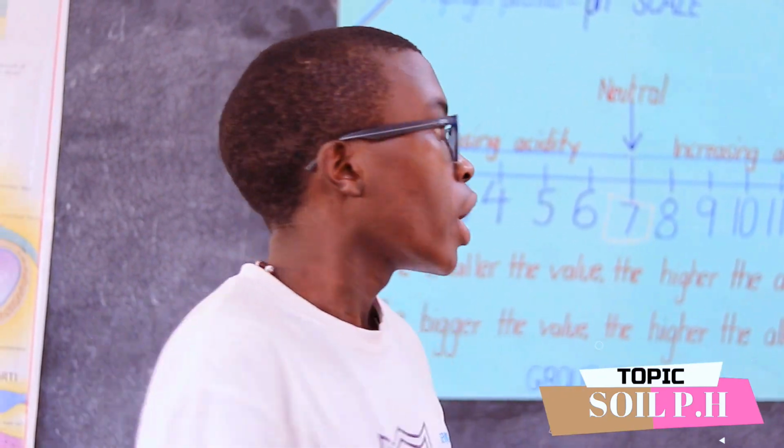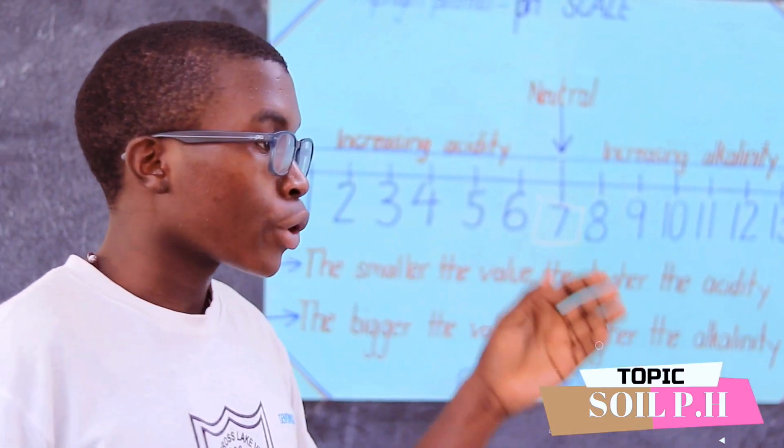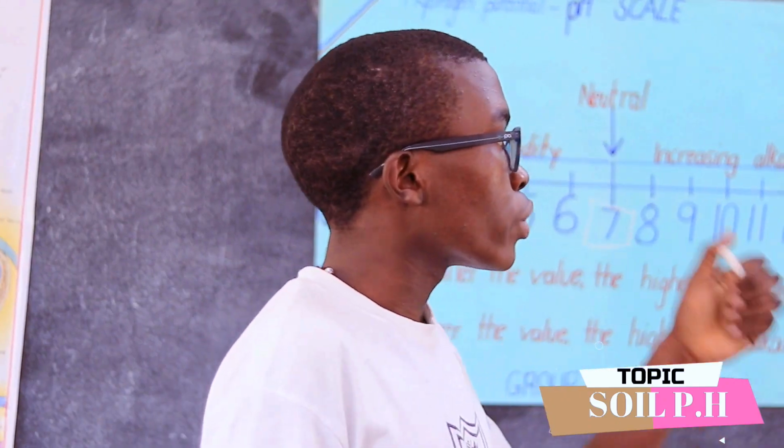This is what you do. There are different substances that you can add to the soil to reduce its alkalinity and increase its acidity to the value you want.